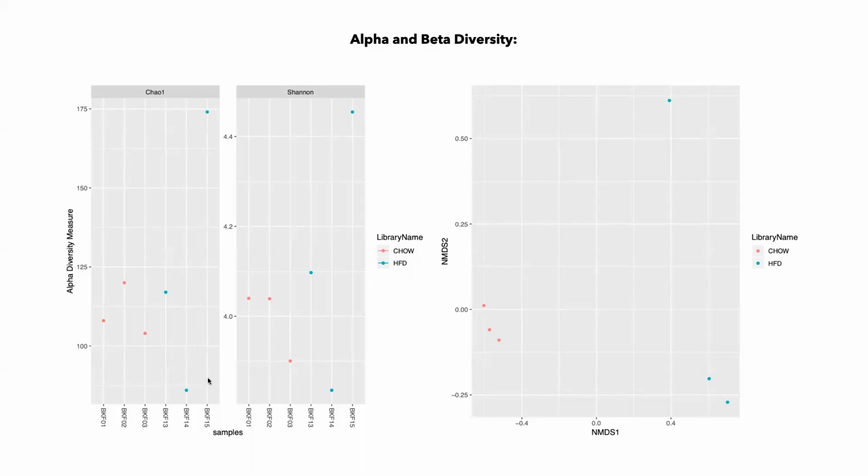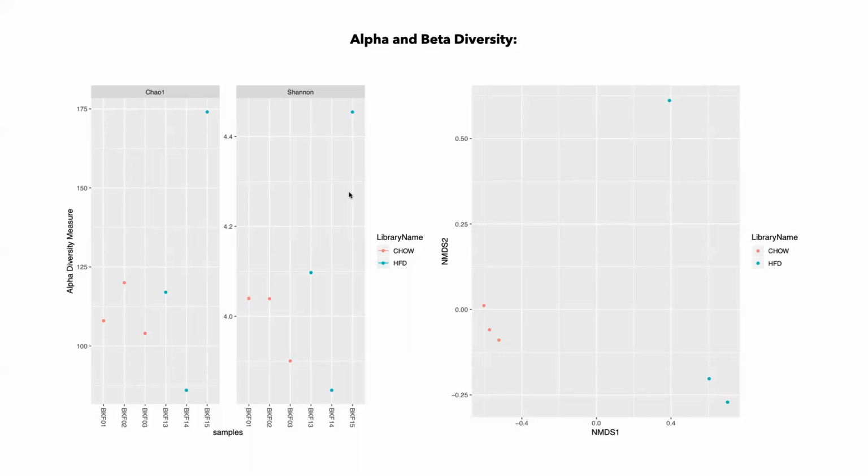And the green ones are the diversity measure for Chao1, which is a method to measure this diversity, or the Shannon measure of diversity. You can see that they show fairly similar results, with this particular sample having a much higher alpha diversity measure than the rest.